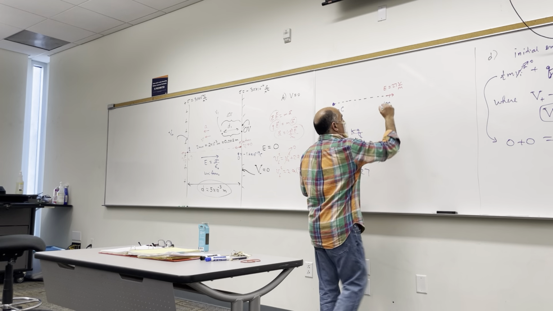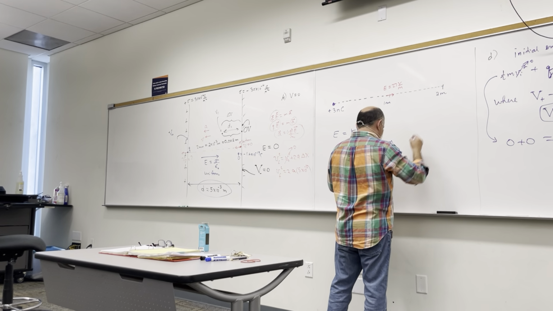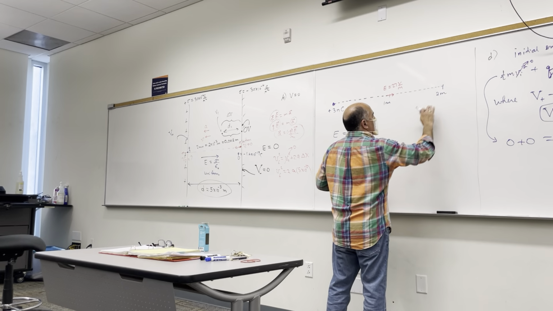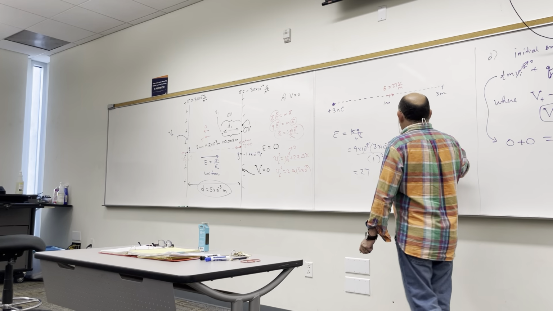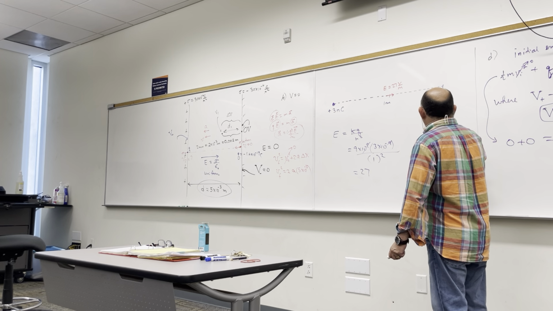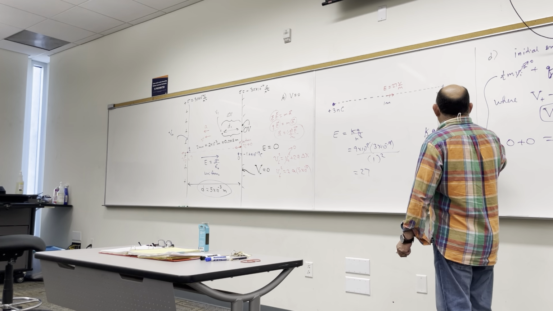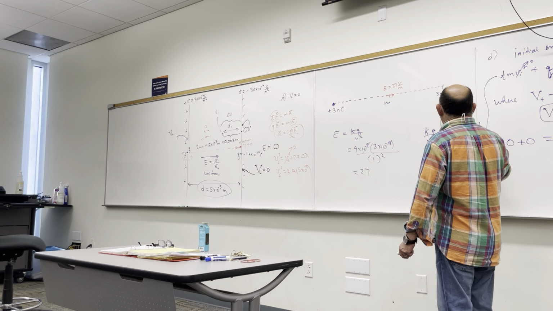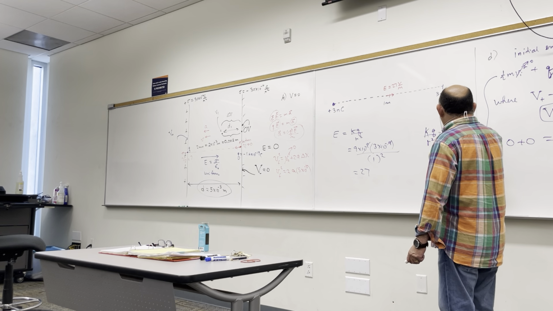What would be the electric field 2 meters away? Let's consider 3 meters away because it'll be easier. It would be kQ over r squared, 9 times 10 to the 9th, 3 times 10 to the minus 9 over 3 squared, right? So this cancels that and this cancels that.